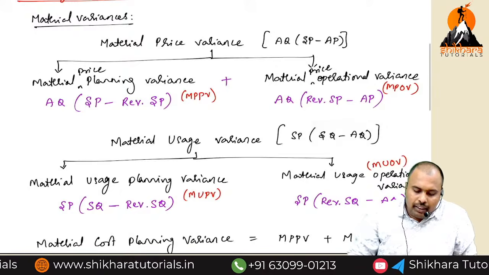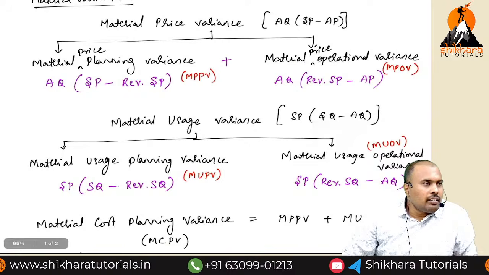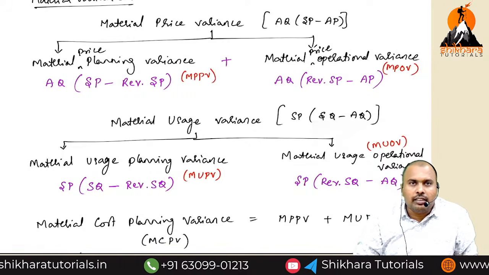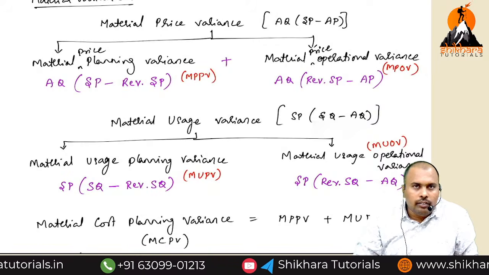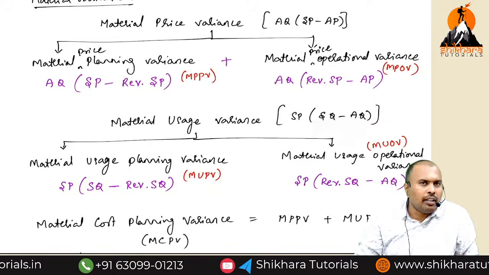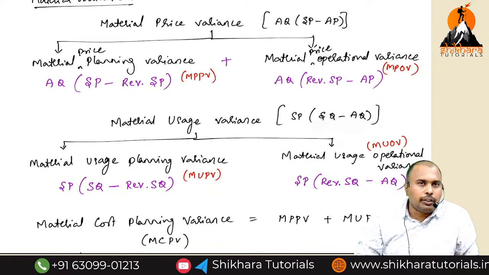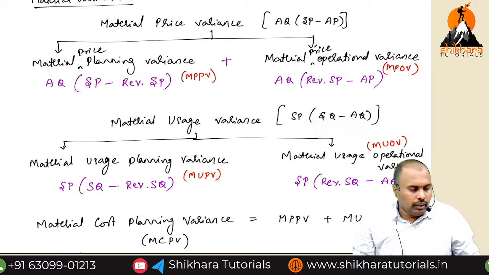And for examination purpose, you know that for planning variances, in the place of actuals you take revised ones. For operational variances, in the place of standards you take revised ones. Clear? In every formula, that is the same thing for material, labor, variable overheads and even fixed overheads. Understood? Okay.